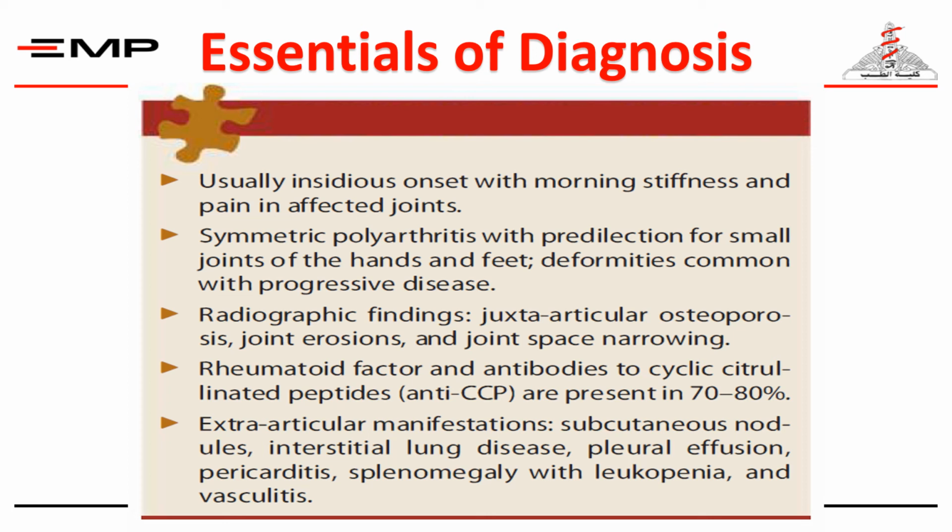Rheumatoid factor and anti-CCP antibodies are present in 70 to 80% of patients. The extra-articular manifestations may be present in some cases, especially those with rheumatoid factor positive and with more severe disease like subcutaneous nodules, interstitial lung disease, pleural effusion, pericarditis, splenomegaly with leukopenia, especially in Felty syndrome and rheumatoid.